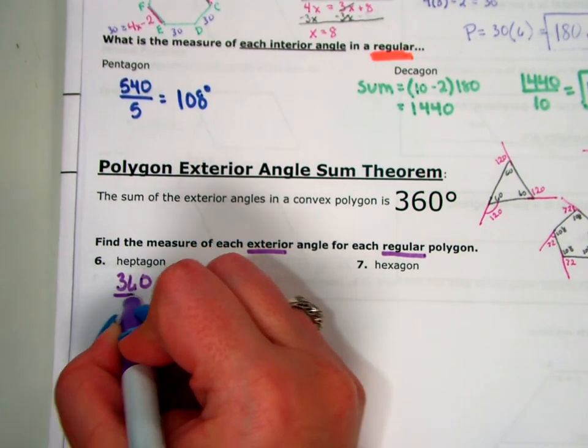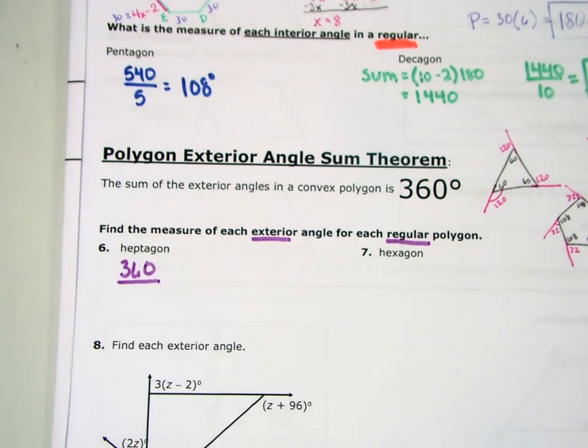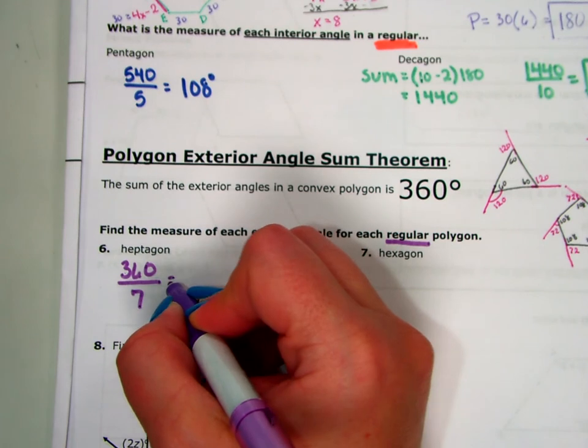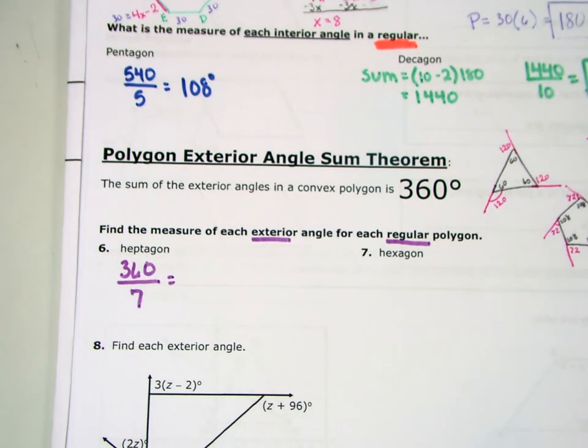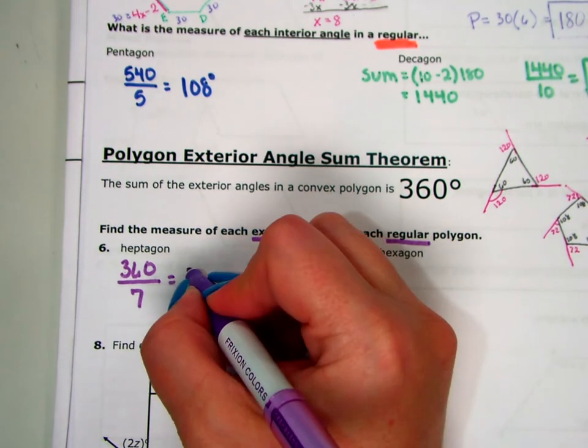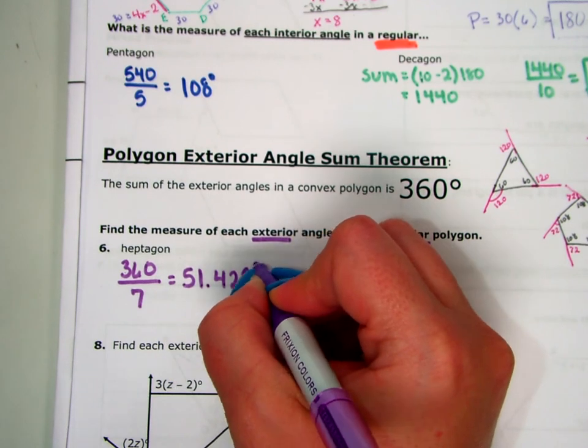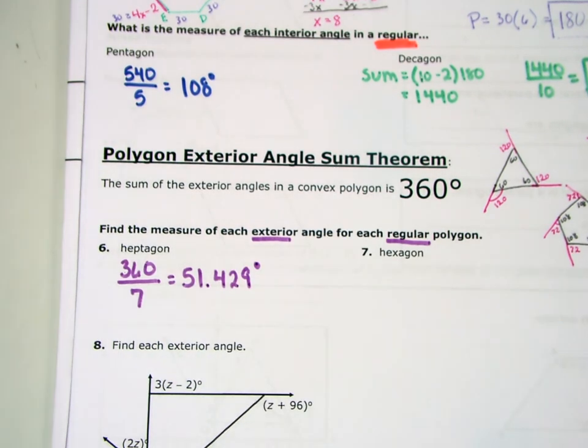So they're going to be 360 divided into however many angles there are. If I'm a heptagon, how many angles do I have? 7. Somebody use their calculator, round it to 3 decimal places for me. 51.429 degrees.